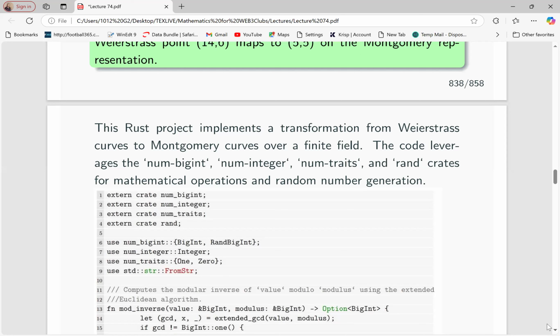I was not able to merge the two codes together, because if you wanted to convert from Montgomery to short Weierstrass, you're giving it a point on Montgomery, and then you're giving it A and B, and it's doing that for you. So I thought that this one will have its own code, and the other one will also have its own code.